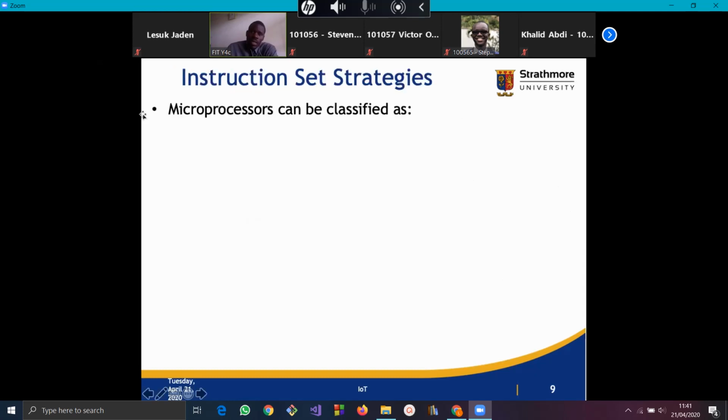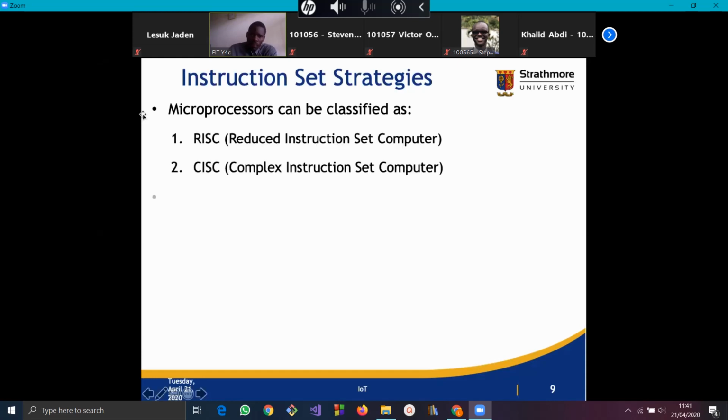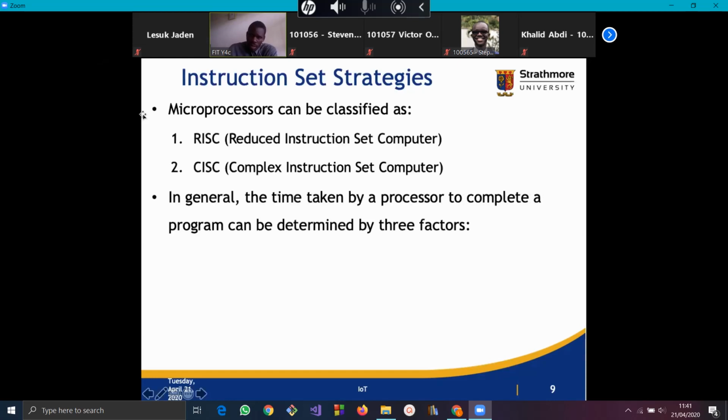So here we'll just classify the instruction set. Later in the slides, we'll go deeper into describing what an instruction set looks like. There are two main instruction sets: RISC and CISC, reduced instruction set computer and complex instruction set computer.